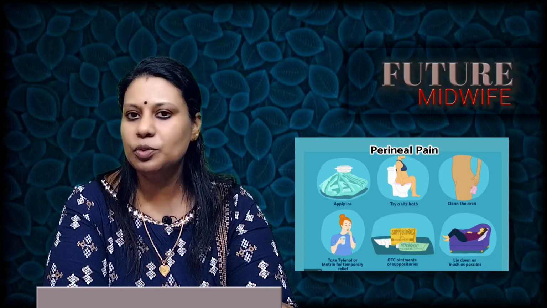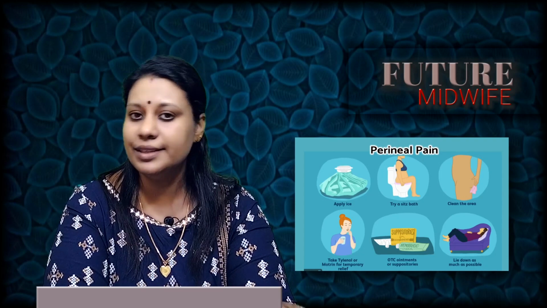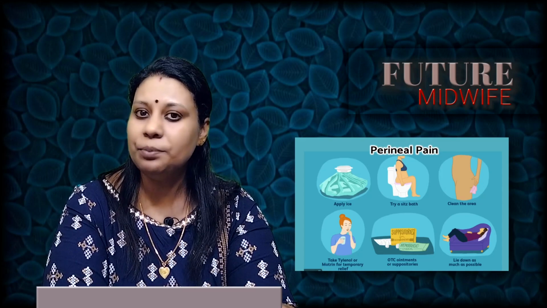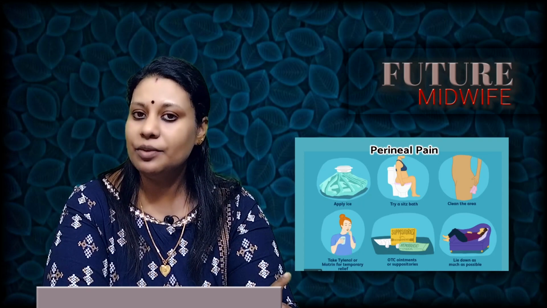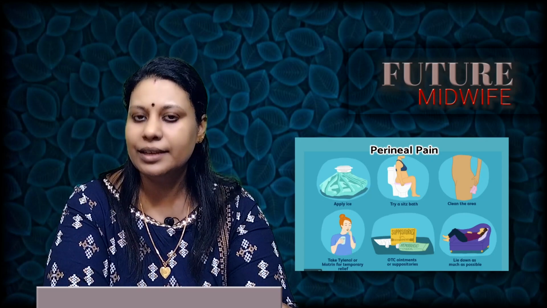Every postnatal woman should wash her perineal area with warm water after each toilet use. After that, she has to wipe it with a sterile tissue. While wiping, keep in mind that she should wipe from front to back. Why?